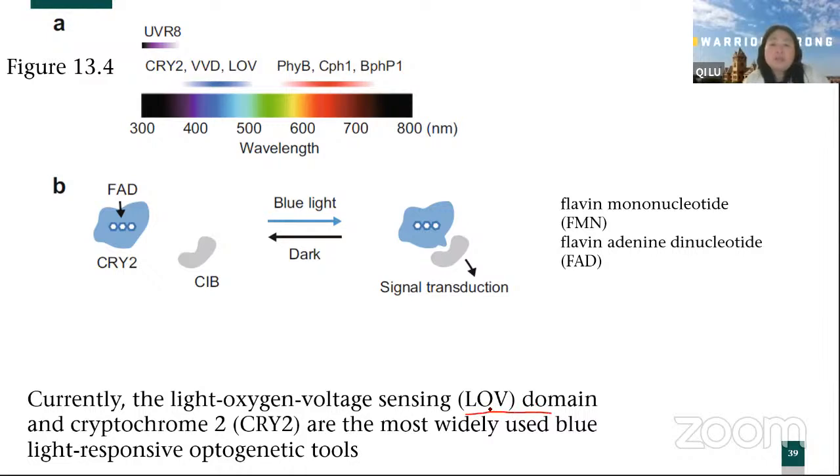Of course, rather than fluorescent proteins, there are also sensors based on cryptochrome 2, CRY2, and the LOV domain, the light oxygen voltage sensing domains. It binds flavin mononucleotide, FMN, or flavin adenine dinucleotide, FAD, which is a kind of ligand. After blue light, the conformation change causes binding and signal transduction, activation of CIB and the downstream signal pathway.